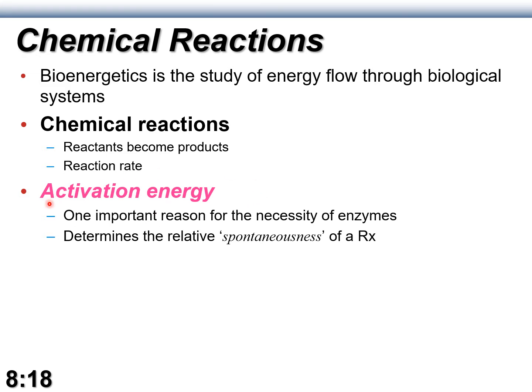That's a key thing. How much energy is it going to take to get this started? In biologic systems, you're talking about fine shades of difference between the reactants and the products. There are relatively small changes in energy.